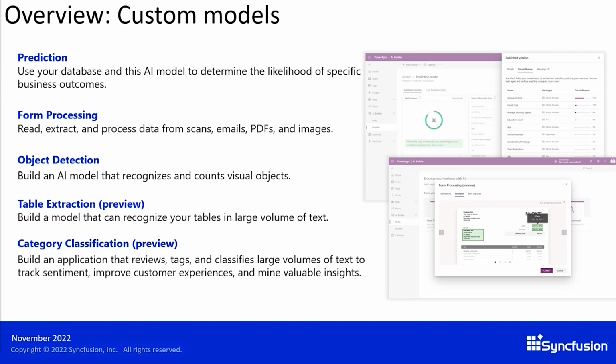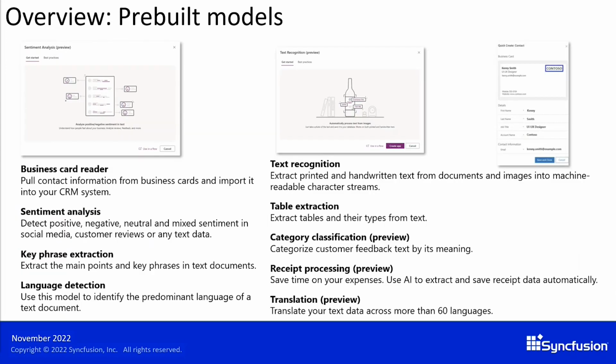And the different pre-built models that you can find, for example, we have the business card reader one that really helps you, and you can just import them into your system. You can detect different kinds of sentiment, positive or negative, from customer reviews or different text data.